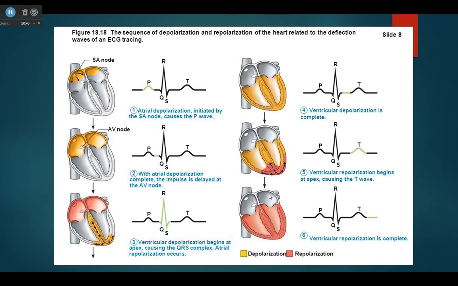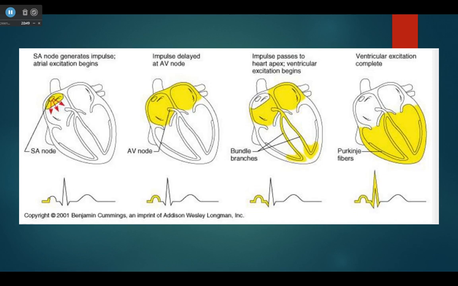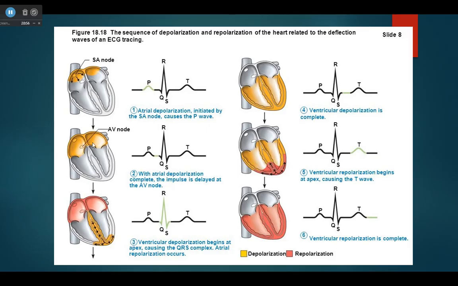If you were going to do your bonus for the EKG, this is what you would color yellow when it tells you to color yellow. The yellow in this picture is what you would color red when it says color it red. And the red in this picture is what you would color green when it says color it green.